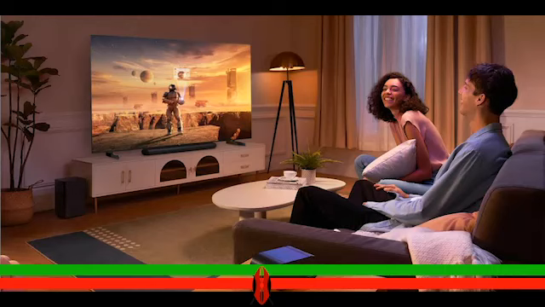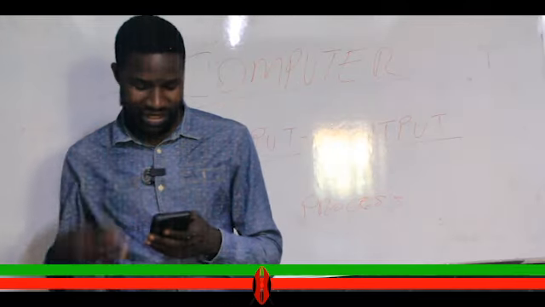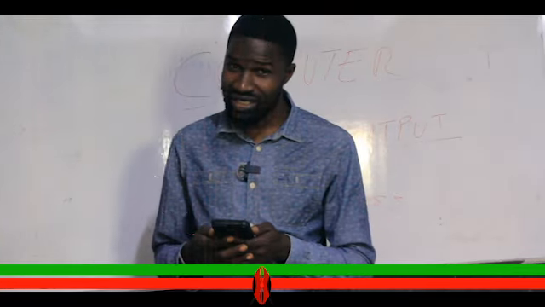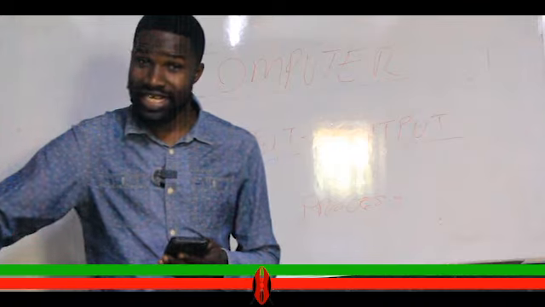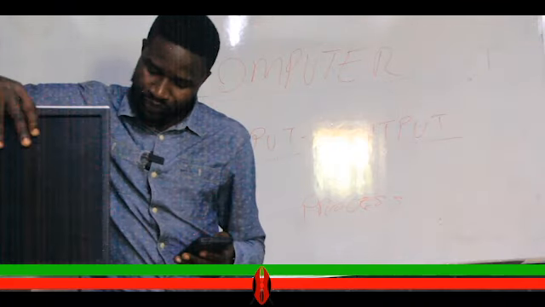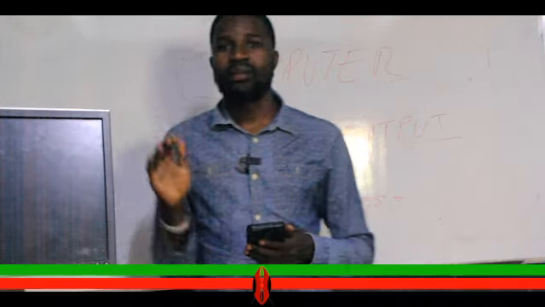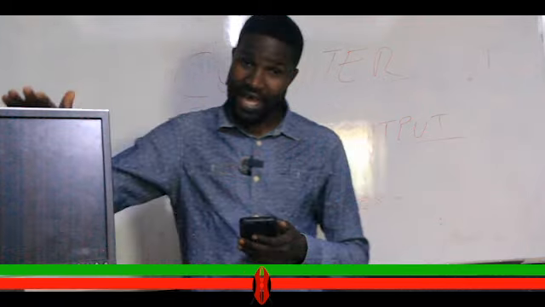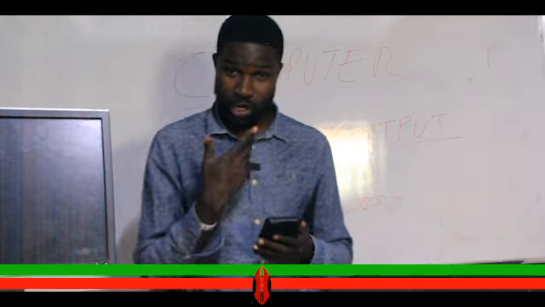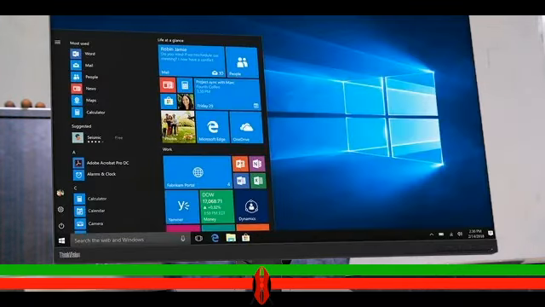Now, output devices. Number one, we have the monitor. What is a monitor? The monitor is the screen that gives you an output. This screen is called a monitor. Nowadays, some people use TVs, which are also screens that give us output.